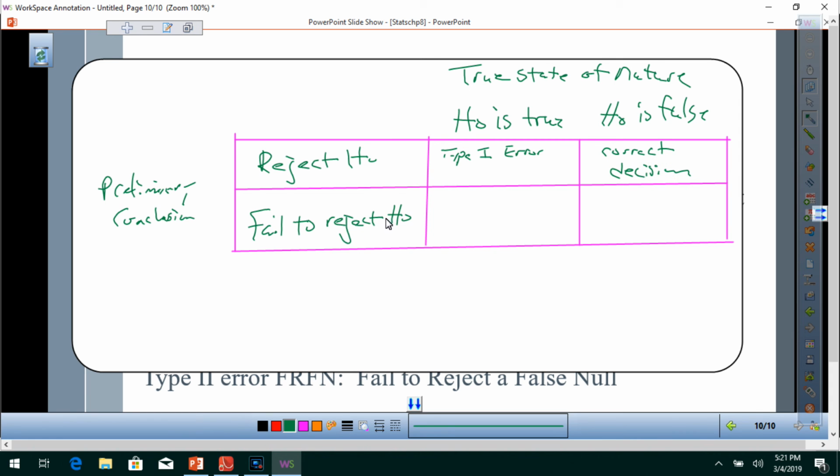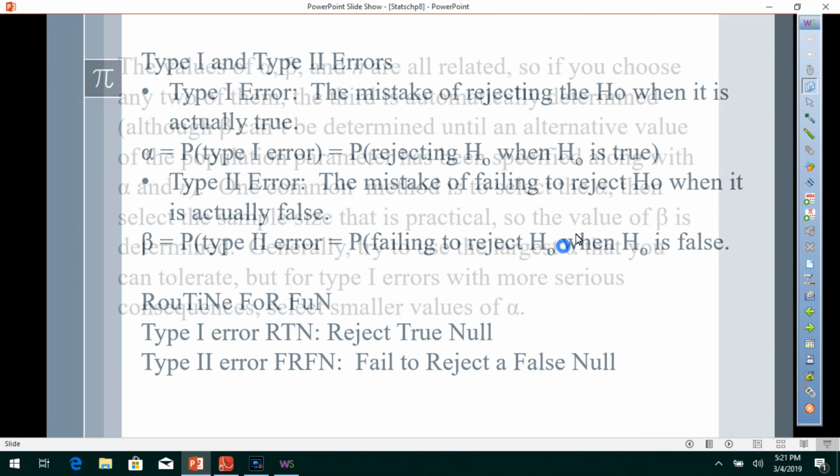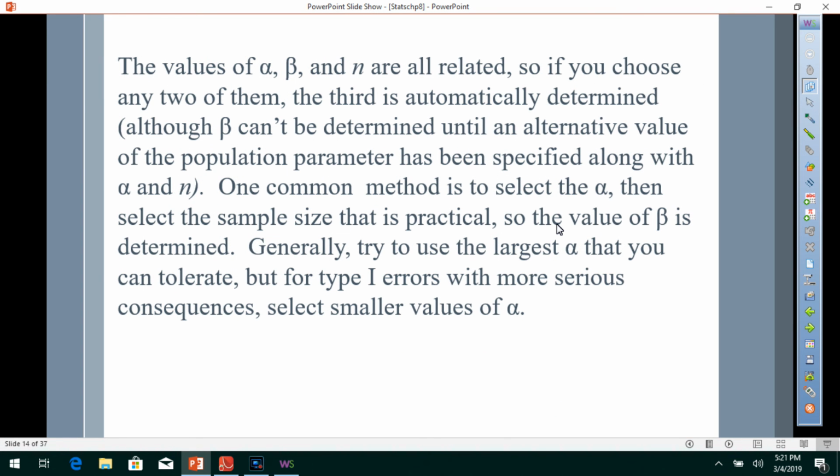And then fail to reject the null hypothesis when it is true would be a correct decision. And then fail to reject when it is false, this would be a type 2 error. And this is alpha here. And this is something called beta.